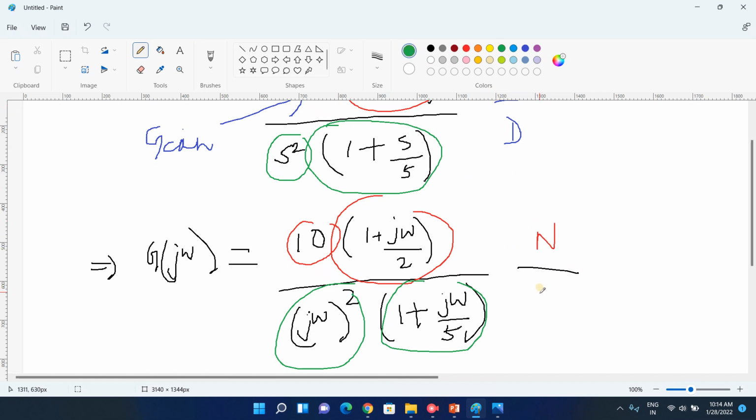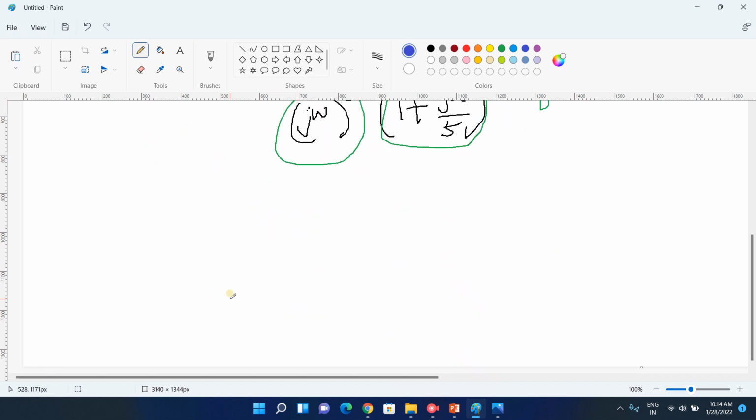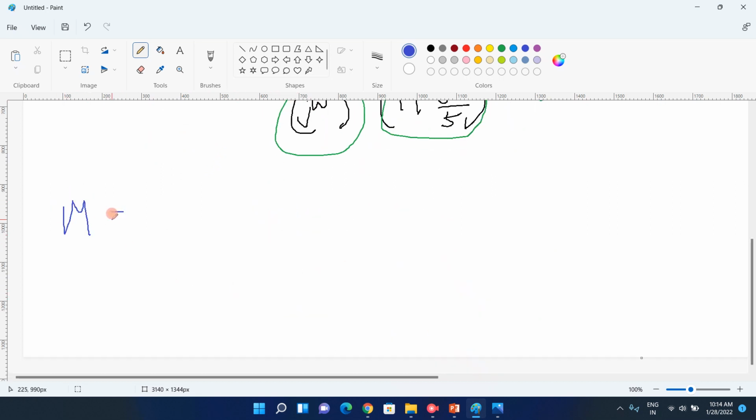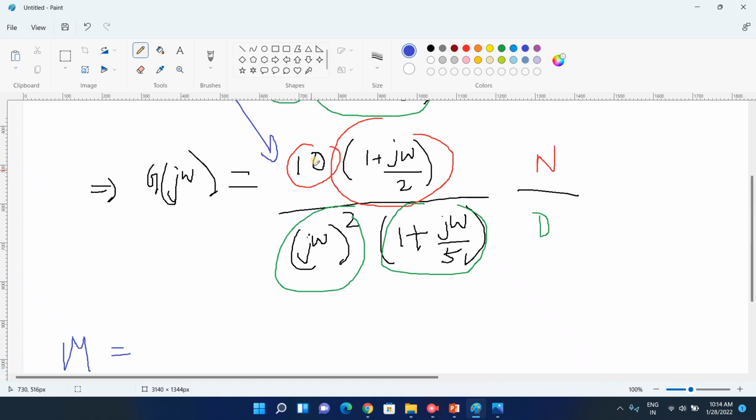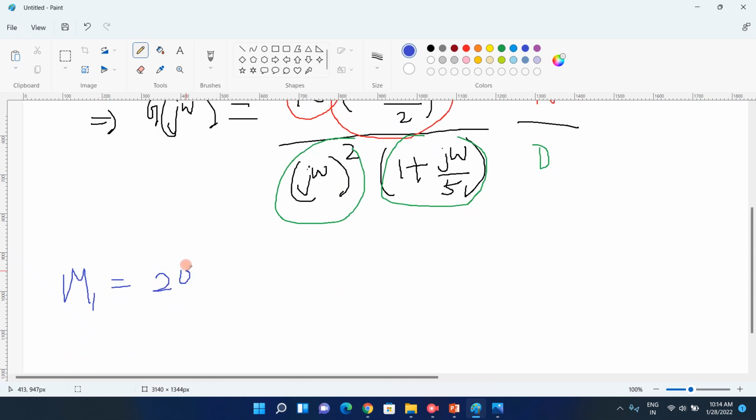This is the numerator and this is the denominator. Talking about the gain, it will be the same as it is. As we have the formula for finding the magnitude, we will take each term individually and take the magnitude first. Suppose for the first term m1 it is 10, so we will write 20 log base 10 of 10. Now, who can tell what is the value?